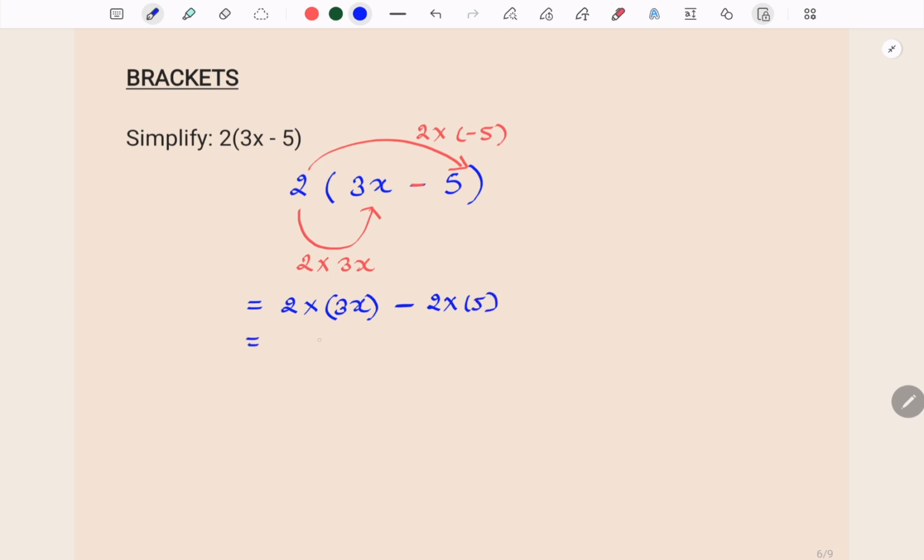This will give me 6x, and minus 2 multiplied by 5 is 10. So always be careful with signs when expanding brackets. This is very important. So this is the final answer.